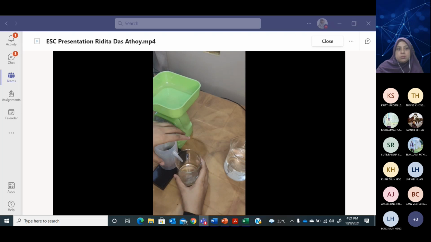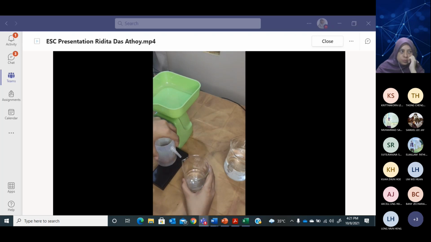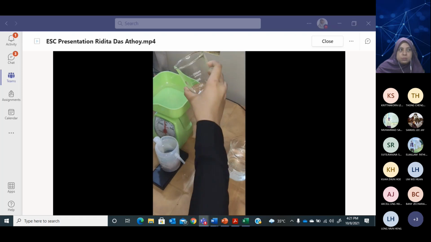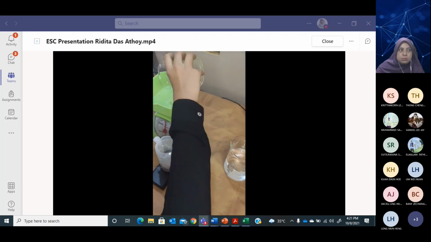And when the water flow stops, we need to take the beaker and pour the water in this beam balance.